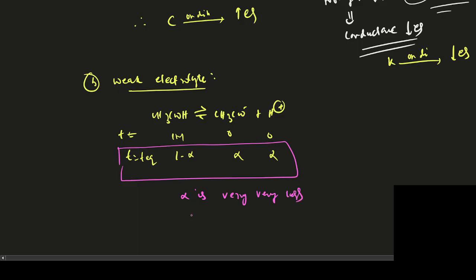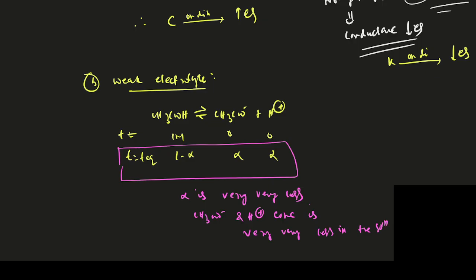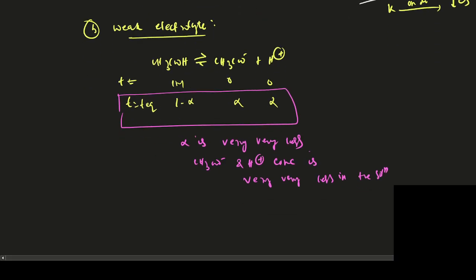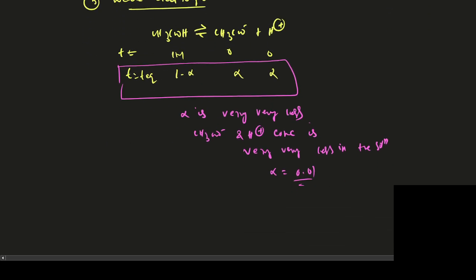It means that the CH3COO minus and H plus concentration is very less in the solution. Let's say the alpha value is 0.01, so a very small value is there in the solution.